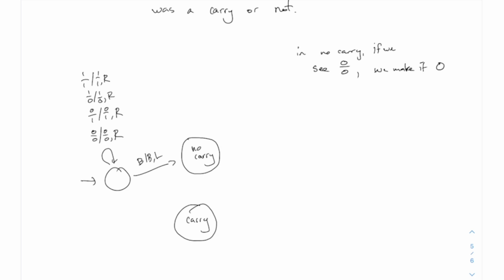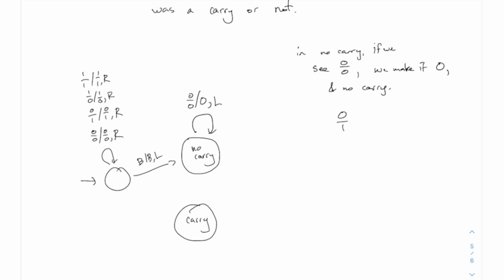That does not require any carry. We make it 0 and no carry, right? And so that would correspond to a looped edge like this, 0, 0, 0, L. That L because in the next step we need to continue on to the next digit, which is to the left. All right? So if you see 0, 0 in the no carry state, you mark a 0 and move left. And I'm just going to try and do little reasonings like this every time.